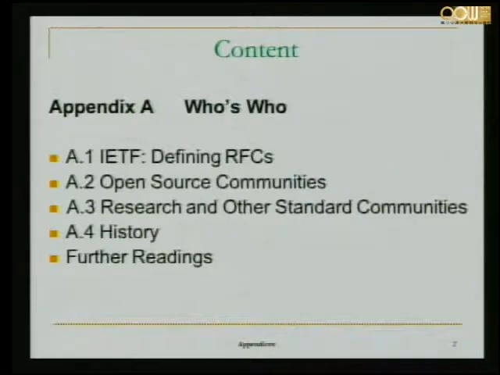Appendix A is non-technical. Appendix A is about stories, about who is who. We tell you stories about the IETF, the open source community and the other communities, and also some history of technologies that have failed or disappeared.